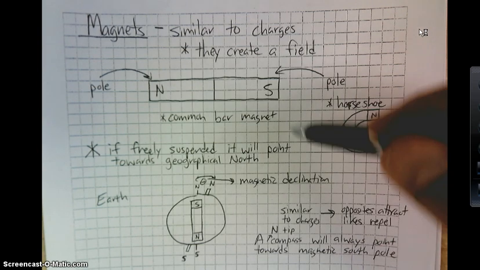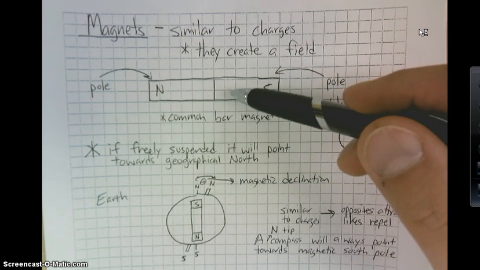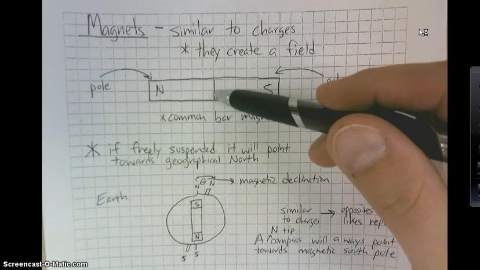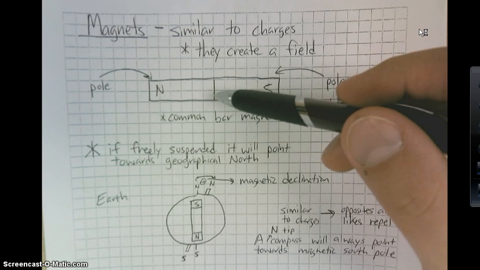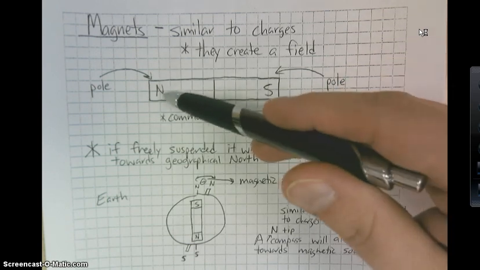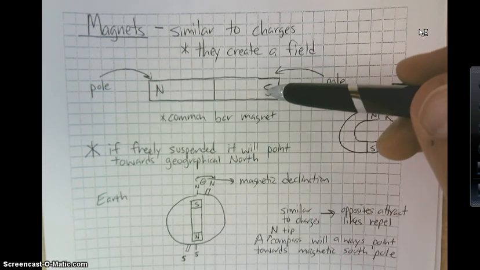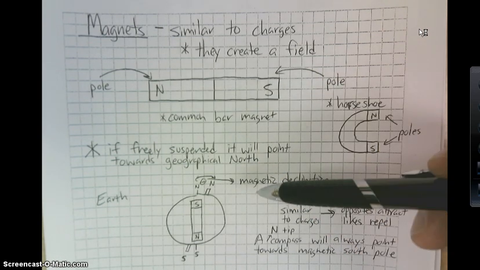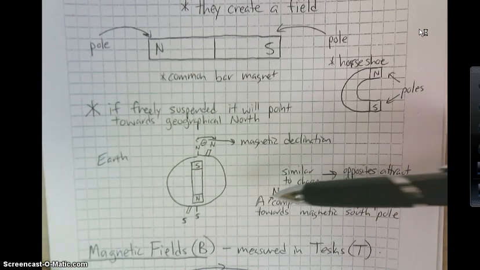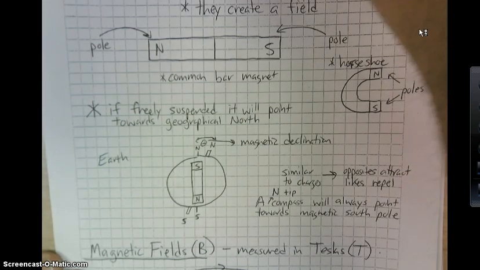Now, if I take this particular bar magnet and hang it by a string, you'd essentially have a compass, where the north end goes to the geographical North Pole, and the south would go towards the South Pole. Now, I screwed up a little bit on my drawing here, and I'll explain why.